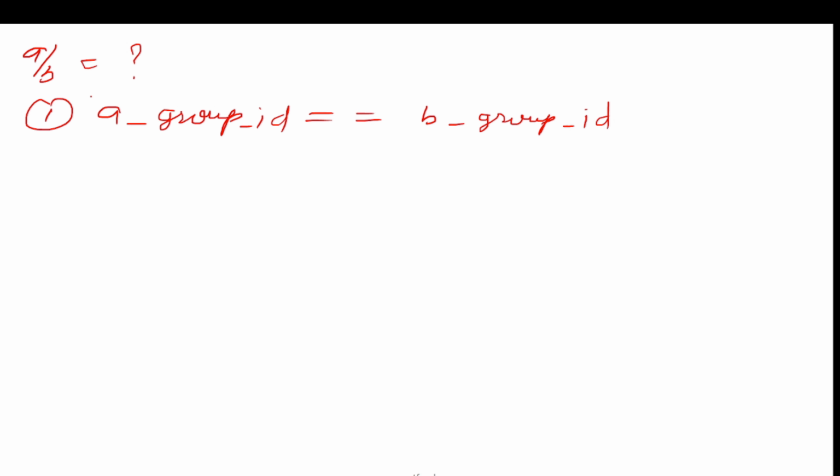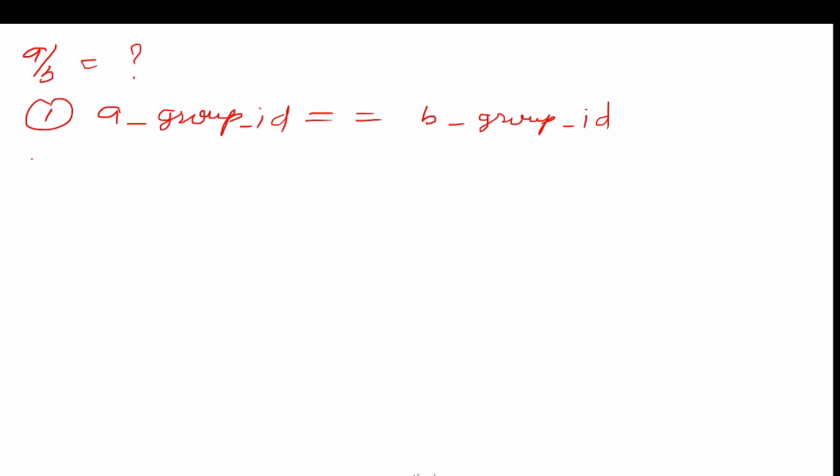Got my point? If we want to evaluate a by b, first we have to check whether a_group_id equals b_group_id, means whether both group ids are the same or not. If so, they belong to the same group, that is, there exists a path between them. There must be a path between them.